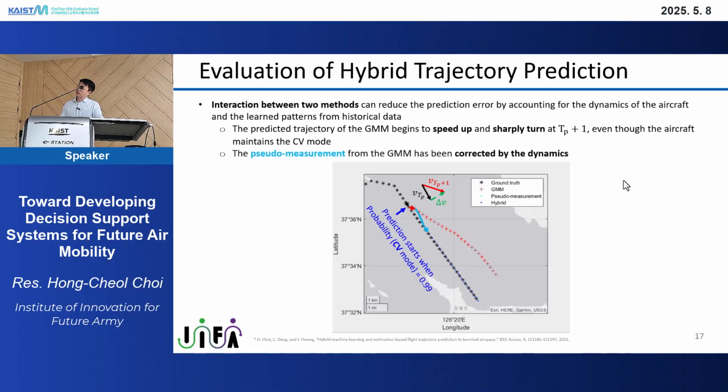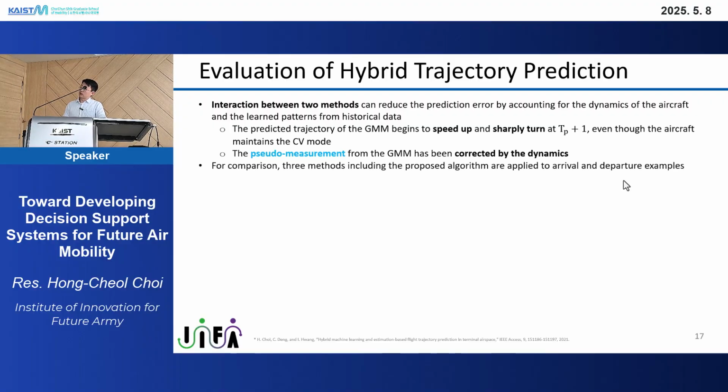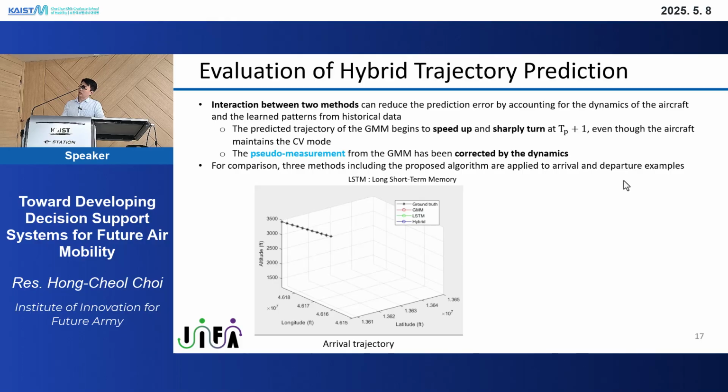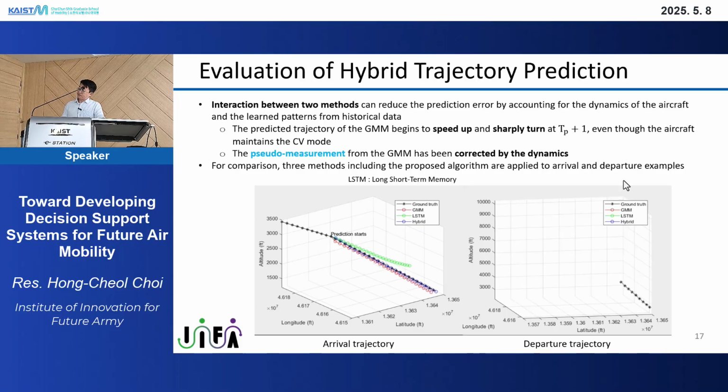So here, the pseudo measurement from GMM has been corrected by dynamics, which means by the physics-based method, then it goes back to the actual trajectories. So it gets close to the actual trajectories, and it can improve the accuracy. And here is some comparison result between the data-driven methods, the GMM and the LSTM, long short-term memory, for the arrival trajectories, and here for departure trajectories.